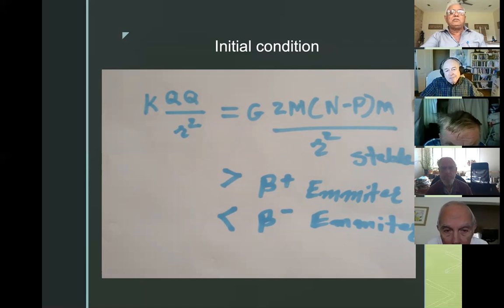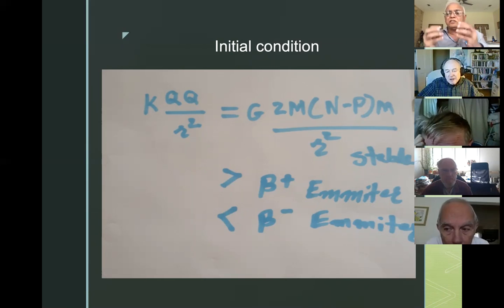This is our simple classical equation, and this is a gravitational equation, and n minus p is the excess neutrons. If this value is less, then it will form in certain cases, but it will be a positron emitter, beta plus. And if the Coulomb forces are less than the gravitational forces inside, then it will be a beta minus emitter.